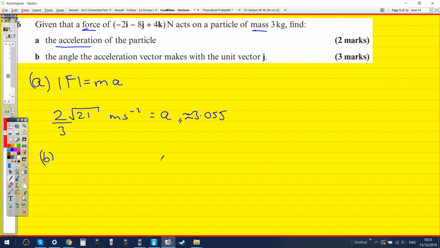By acceleration vector, what does it mean? Given that a force acts on a particle of mass, find the acceleration of the particle. The angle the acceleration vector makes with the unit vector j.